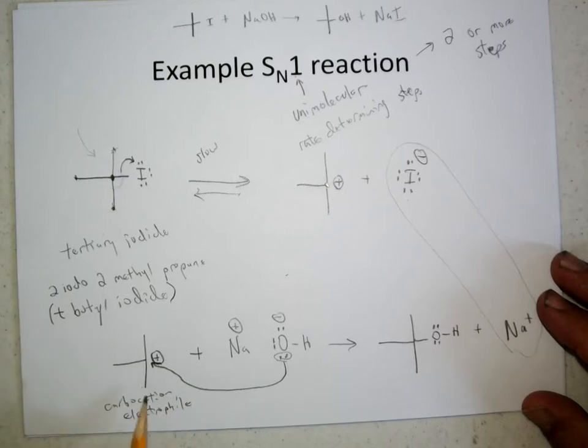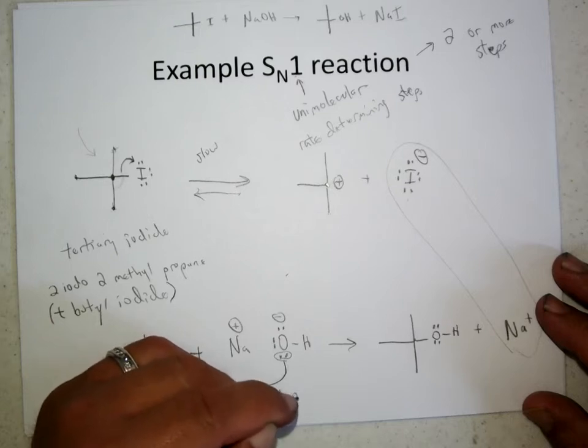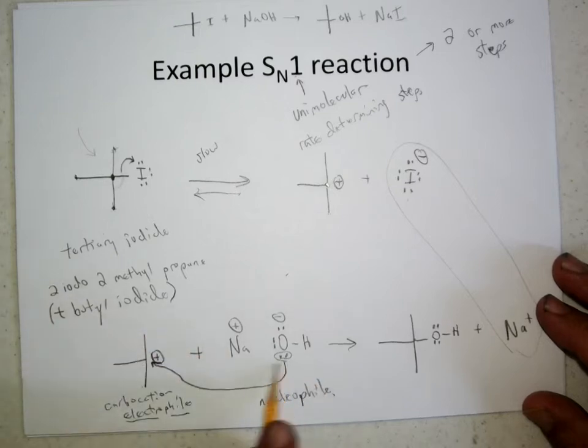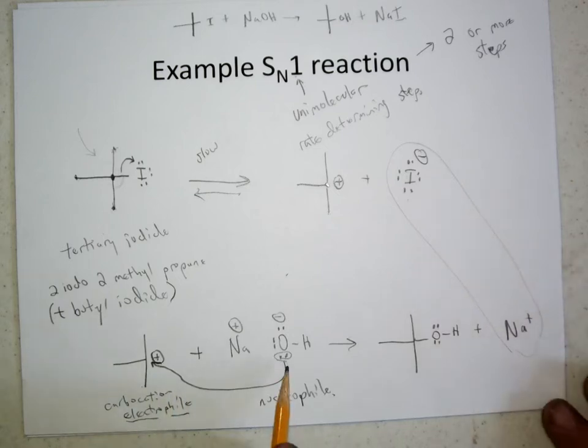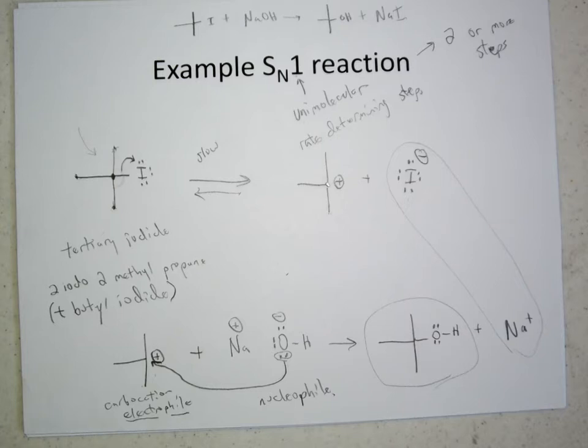So remember, chlorine cation or NO2 cation looking for electrons, electron lover, electrophile, and that makes the hydroxide the nucleophile. Many anions are nucleophiles, they're looking for positive charge. These guys get together, bam, there's our product, tert-butyl alcohol.